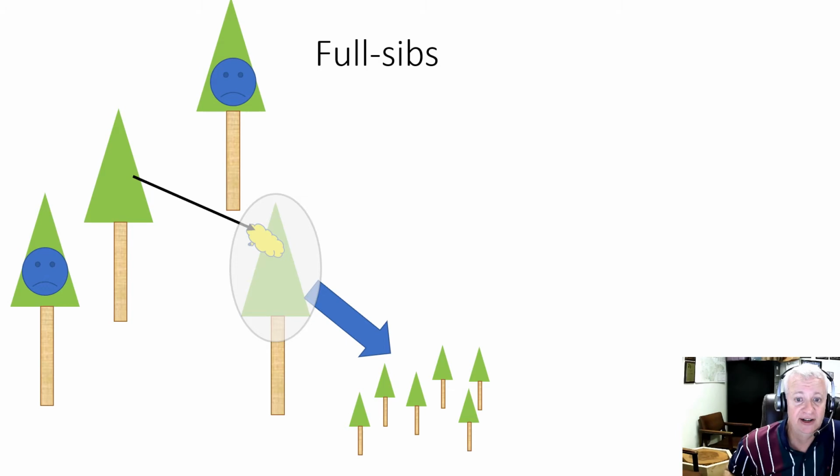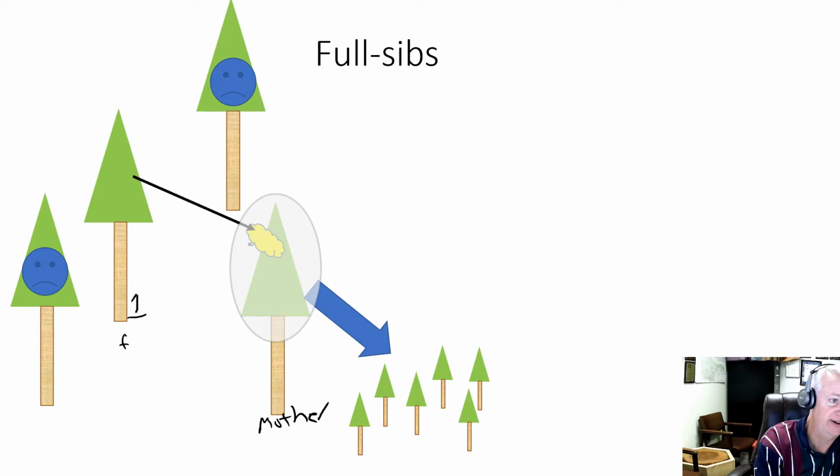So a higher degree of genetic similarity exists when we have full sibs. So we have full sibs when we have a mother tree that was pollinated by one father.